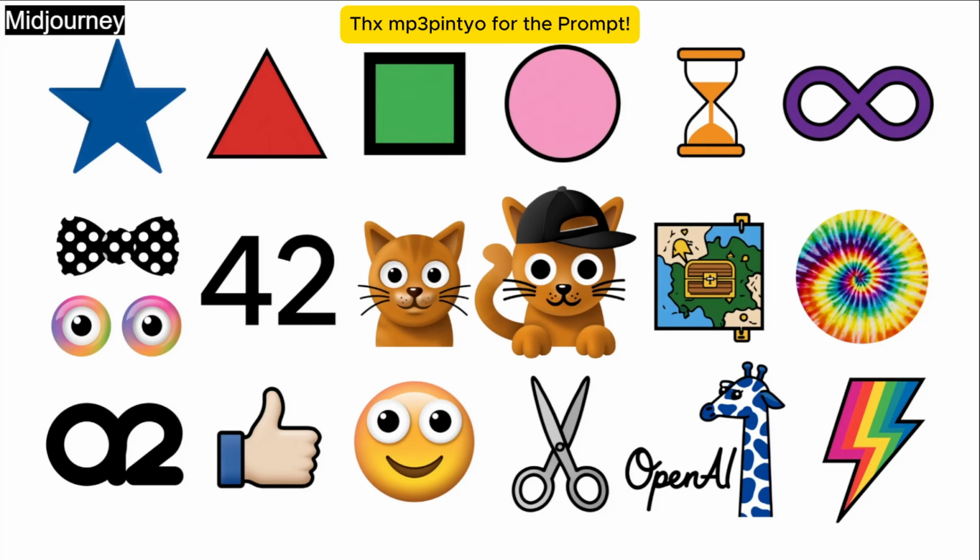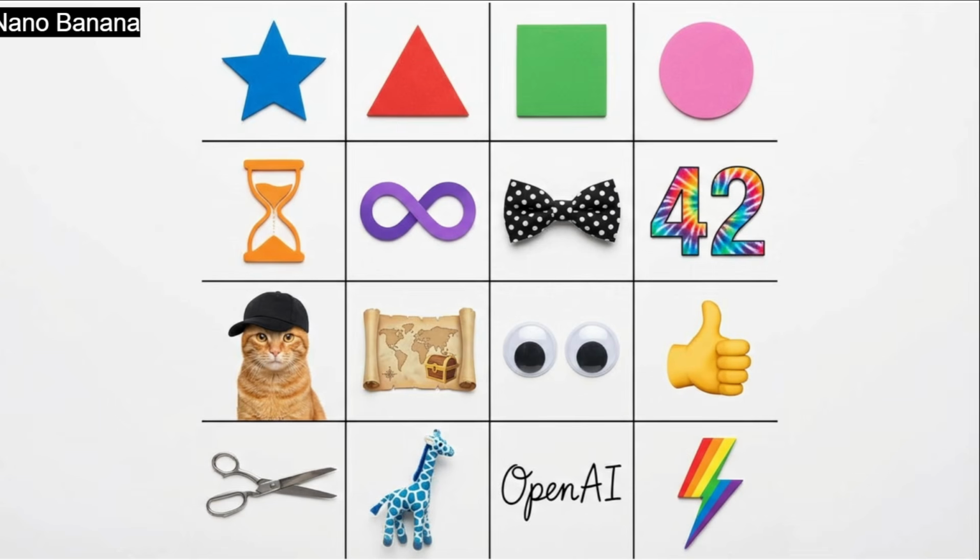Now next we have this test here with a lot of stuff going on, and Midjourney actually kind of tried to do it good, but not really doing it good, because this should be a grid with these 12 different elements. You can see some of them here, but Nano Banana did actually a much better job of that.